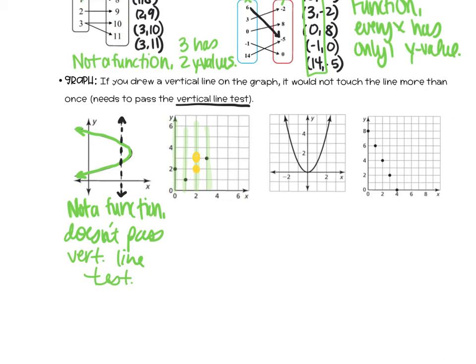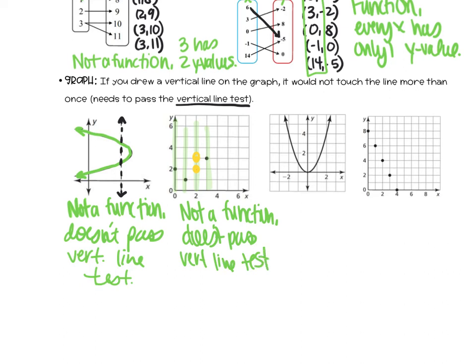So that's what we don't want to happen. So I would say, again, not a function. Doesn't pass vertical line test. You could also say that at x equals 2, there are 2 points. Couple options there.